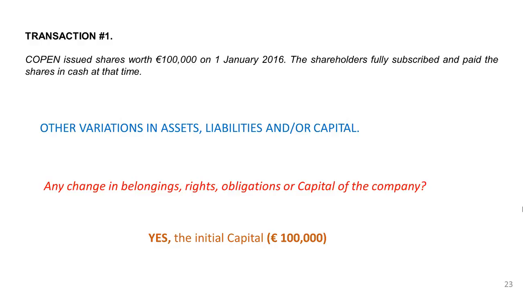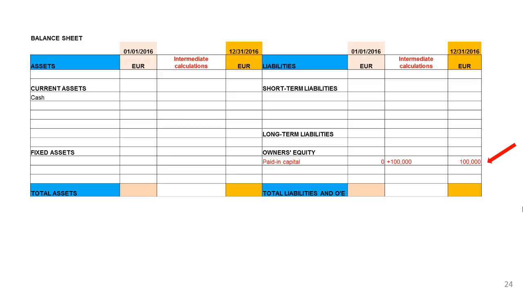To conclude, it's necessary to point out that the balance sheet doesn't show at this point in time any cash variation. This is because we will only reflect the impact on cash of all the transactions once we have calculated the net cash flow of the period. We therefore reflect on the balance sheet the impact of this transaction.